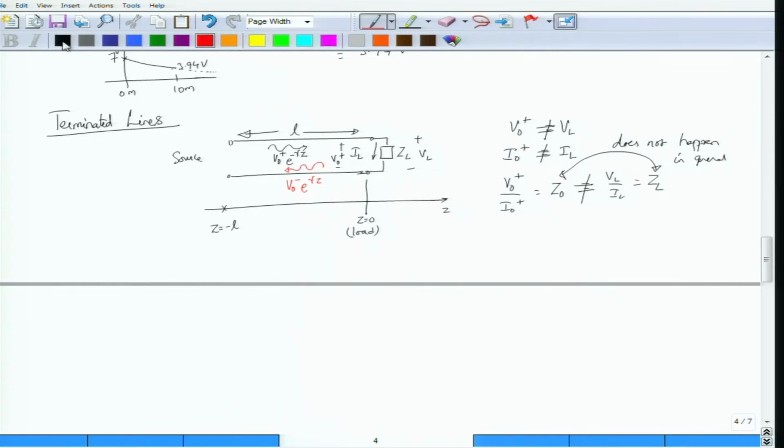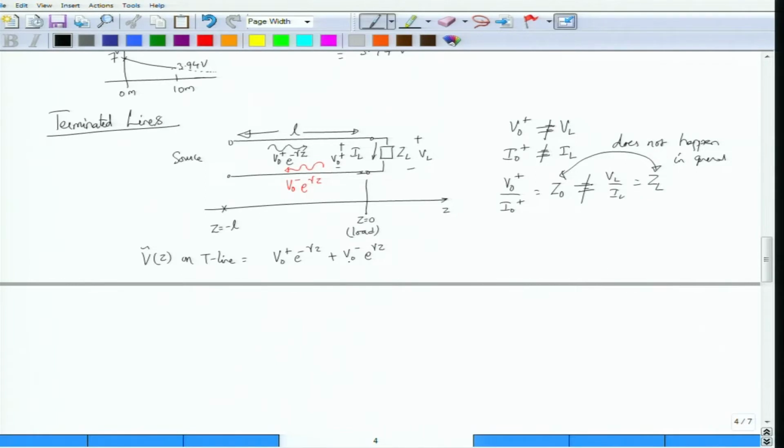Therefore, the total voltage on the transmission line is the sum of the forward going plus the backward travelling reflected voltage. This is something that we have seen. Now, when we assumed that you had only V0 plus e to the power minus gamma z, we found the relationship between I of z and V of z, and that ratio was Z0.